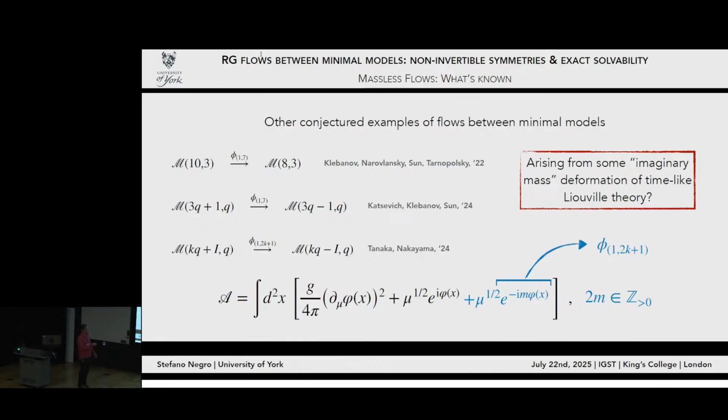And the question then is, if I put mu less than 0, can I, by doing quantum reduction, reproduce these flows? But of course, I'm not going to answer this question. This is a question that is out there, and I hope at some point we might be able to answer that. Okay, so this is more or less what is known in 2D about massless flows between minimal models.